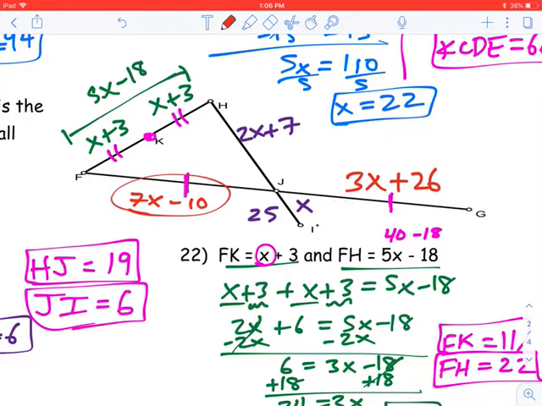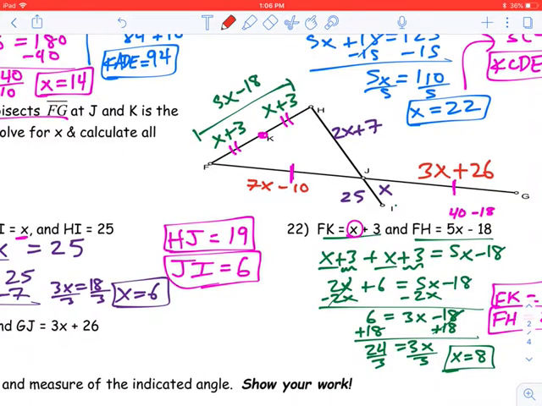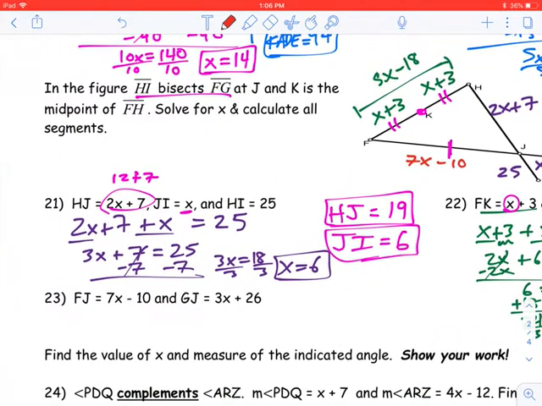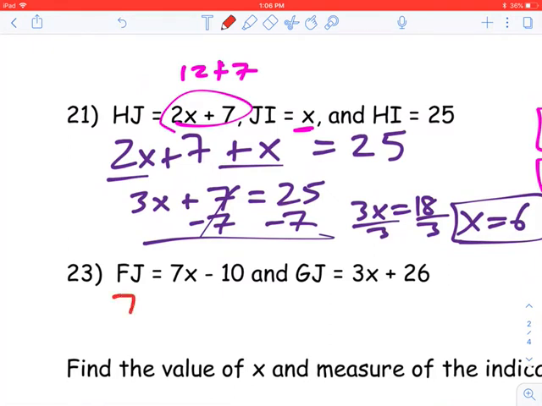But since earlier we said these two were equal because it's a bisector, we can go ahead and set those equal to each other. So you just kind of got to look out when you have both parts equal to a whole or just two parts being equal. So in this case, they're both equal because they're both parts of a bisected segment.